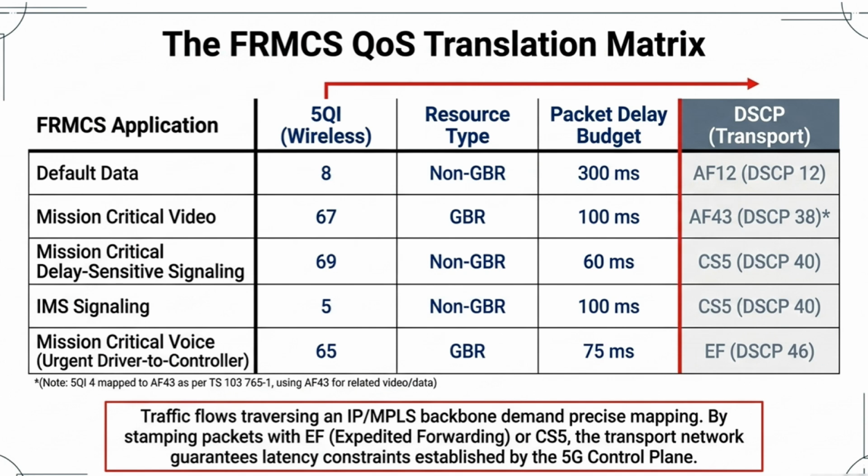Meanwhile, 5QI69 maps to CS5, Class Selector 5, which is a high-priority tier we often use for critical signaling. And finally, our standard 5QI8 simply maps over to the default traffic class, which basically means it gets best effort delivery whenever the network is busy. This strict one-to-one mapping is exactly what guarantees that end-to-end performance.